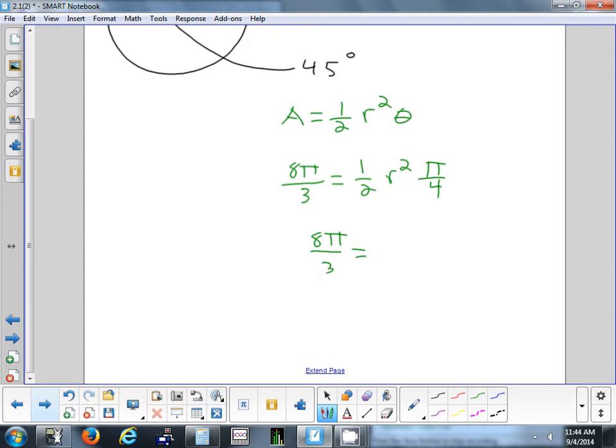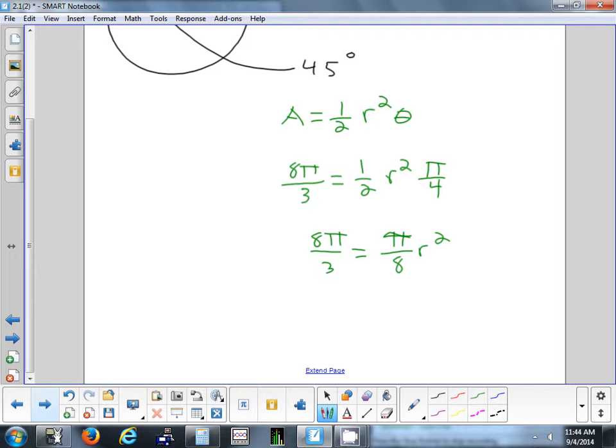8 pi over 3 equals 1 times pi is pi, divided by 2 times 4 gives me 8. Okay, so half of pi over 4 is pi over 8. Okay, and we've seen this before, where you've got a fraction in front of a variable.